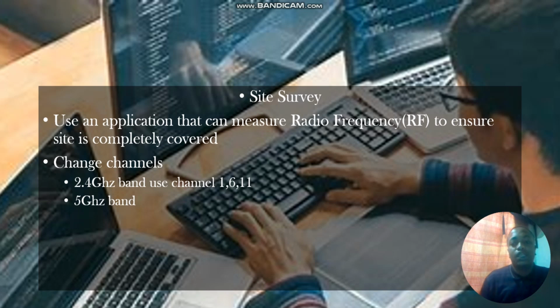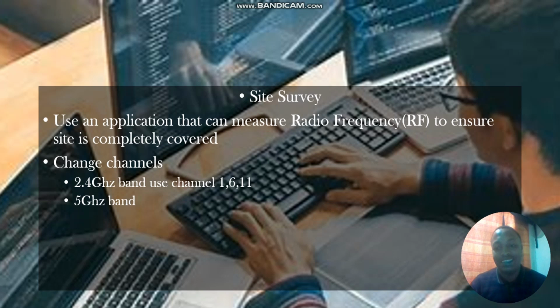Now, a trick to make sure that you're not experiencing slow speeds, since radio frequency is used by a lot of technologies out here. Okay, there's FM using the same, there's Bluetooth using the same frequency. There's a lot of technical stuff when it comes to radio frequency.